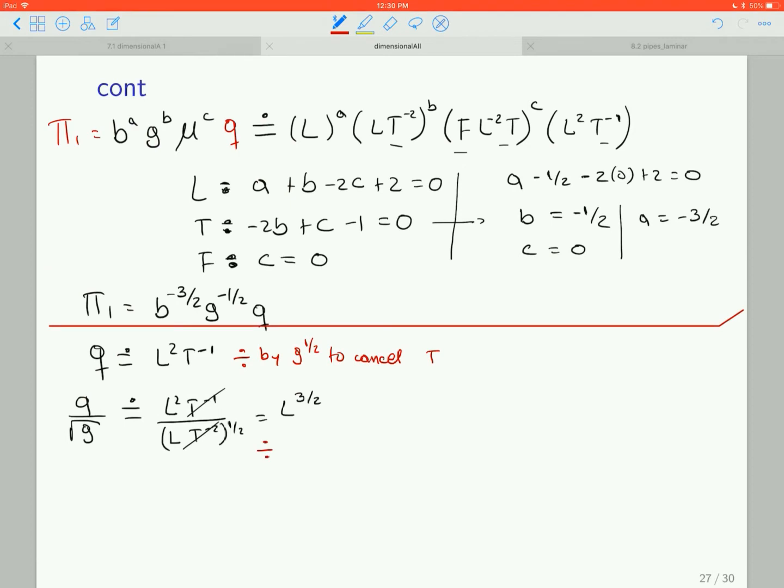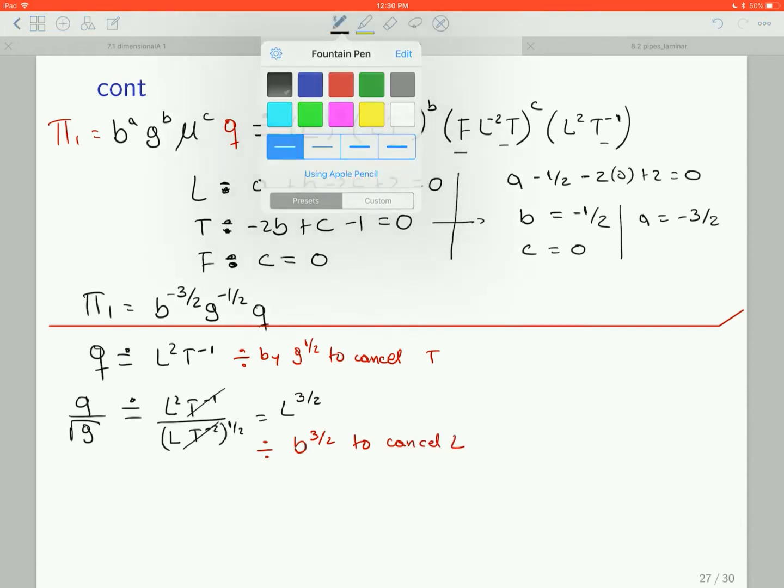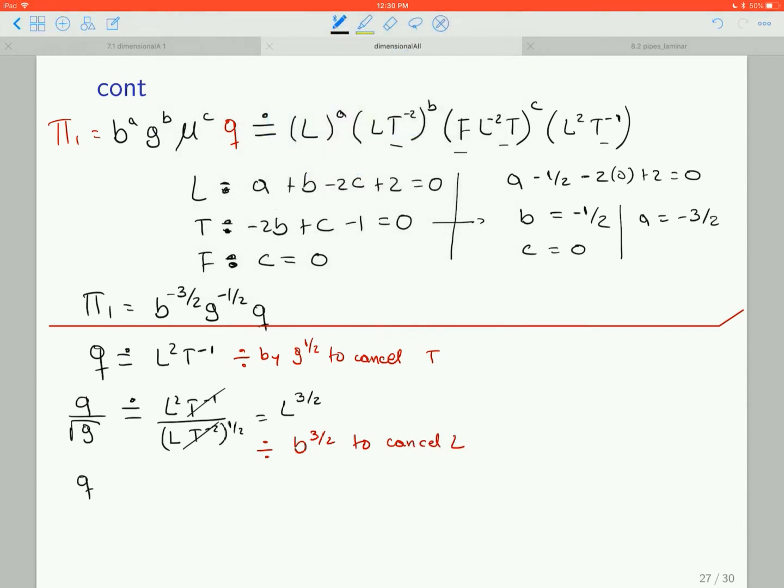We need to divide, because the dimensions are L, so we divide by b to the 3/2 to cancel L. So we have Q divided by square root of g, and we divide by b to the 3/2.